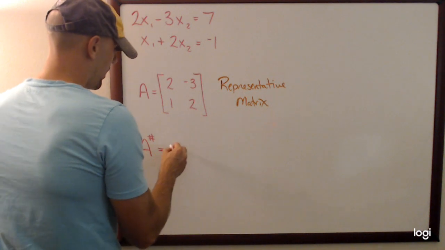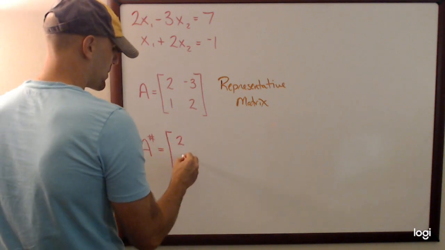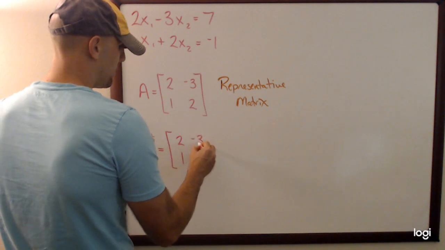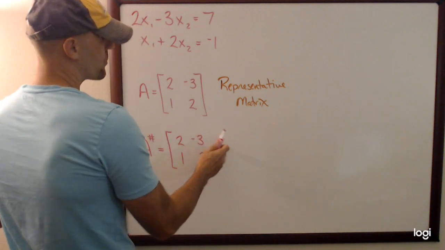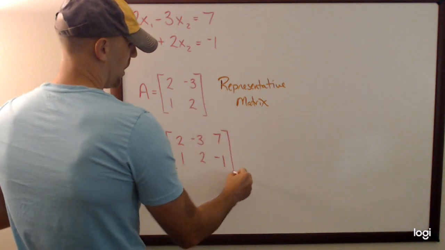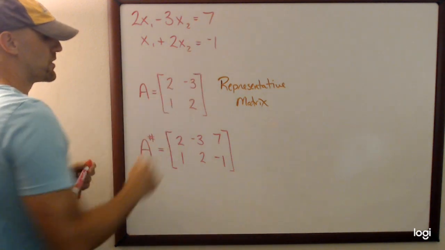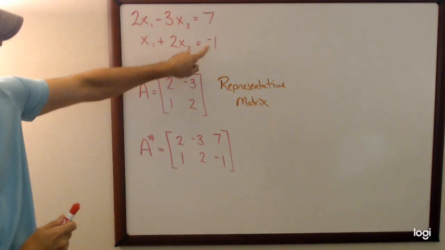Okay? All right. And this one is exactly the same as A, except it's got an extra column. And this extra column is just going to be those coefficients, the constants from my system, right? So I'll just tack on the column 7, -1 on the end.